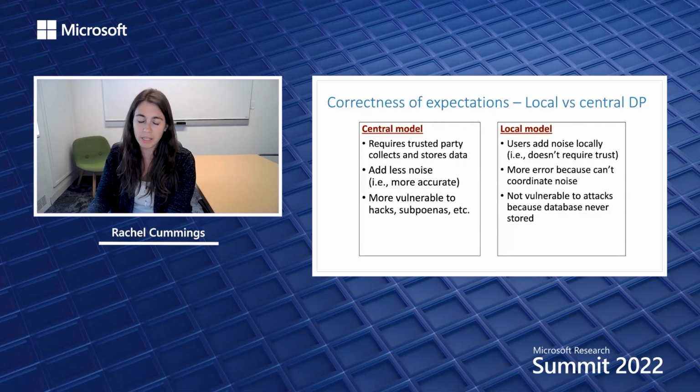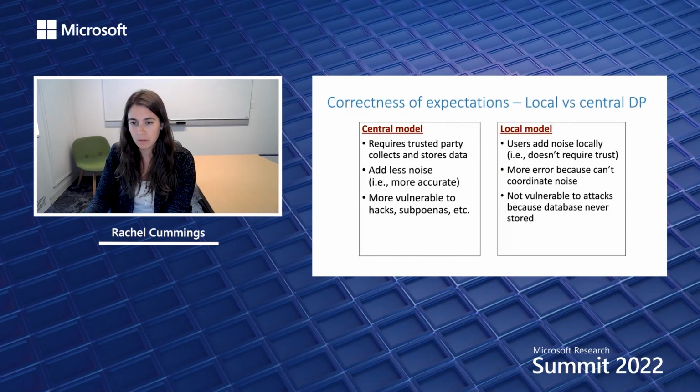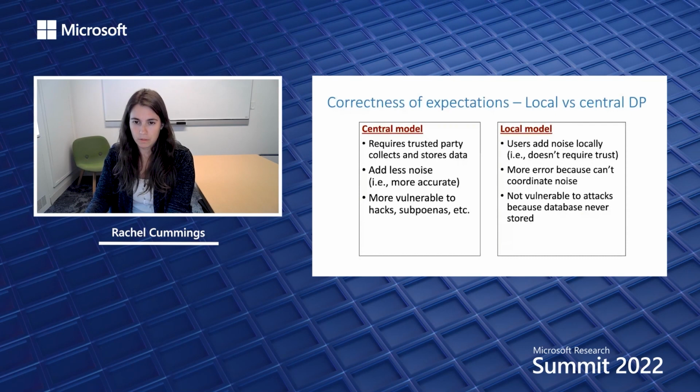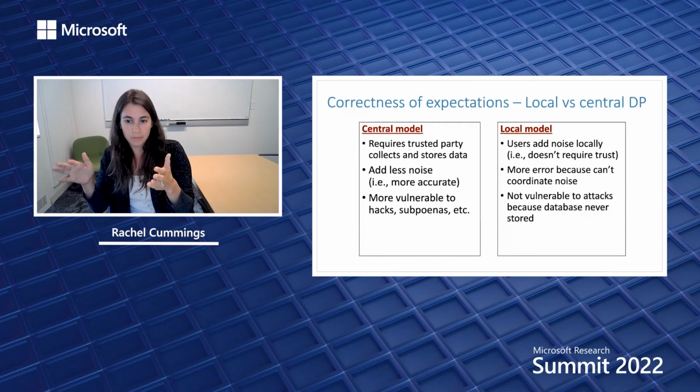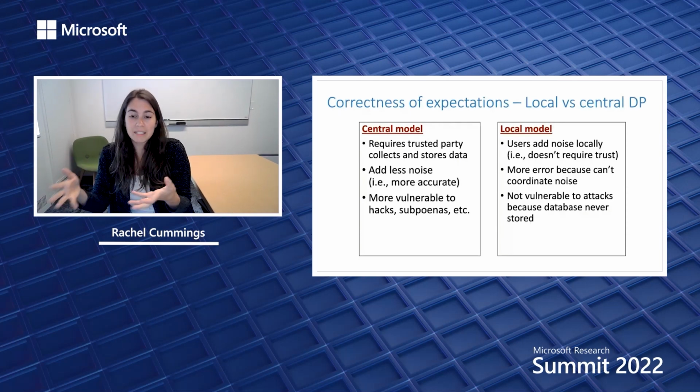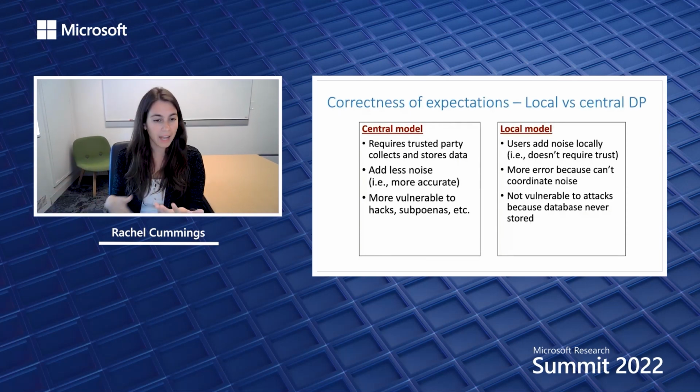And this, of course, is going to have a larger error because of this noise, but it also means that there isn't a single database that can be attacked, shared, subpoenaed, and so on.